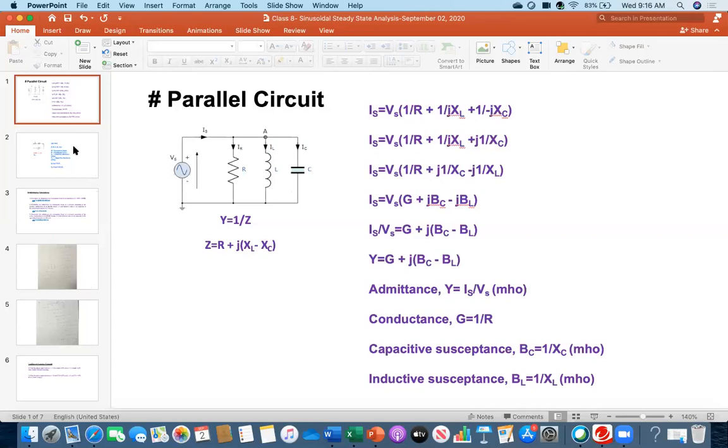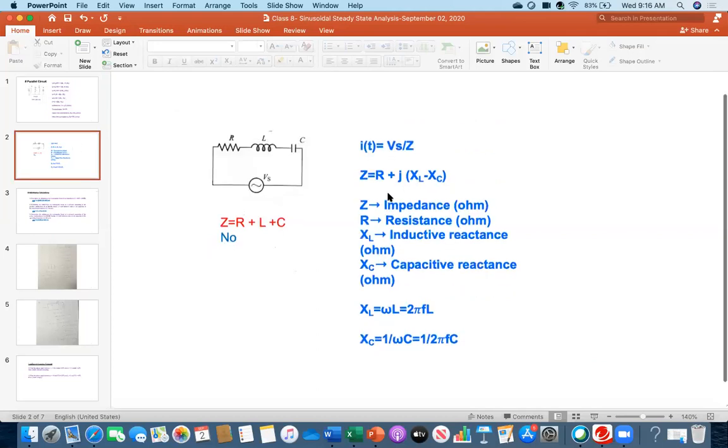Once again, see this one. We used those terms jXL and jXC for the series circuit. XL means omega L, which is 2 pi fL, and XC means 1 over omega C, which is 1 over 2 pi fC.